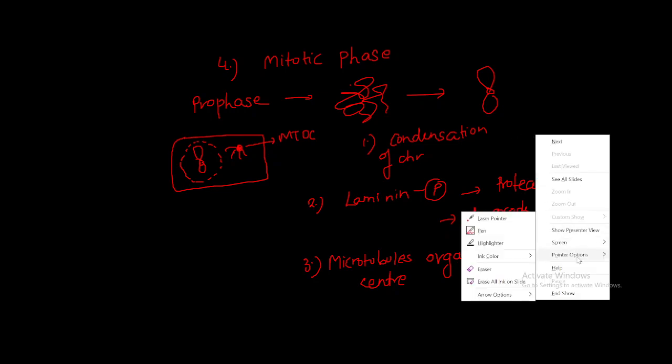Now coming to the prometaphase. You might have heard the term karyotyping. Karyotyping is usually done either at the prometaphase or metaphase, and that is why I am discussing the prometaphase here.